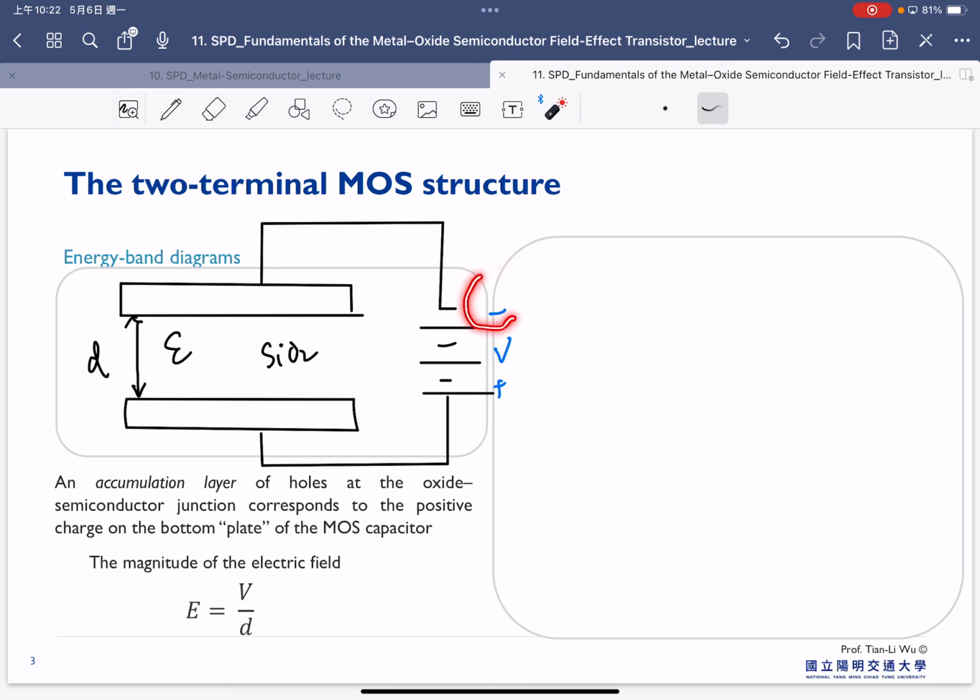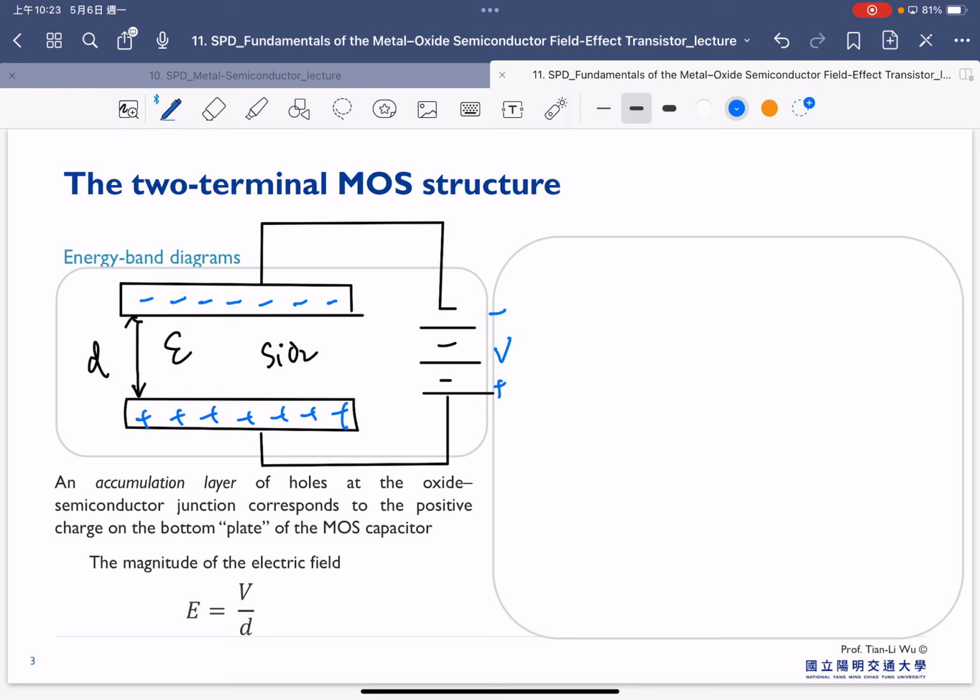And once we apply negative bias here, we expect this one also has a negative charge, and this will become the positive, right?